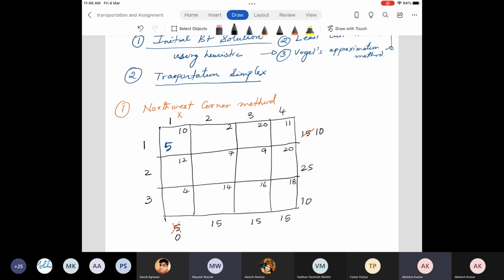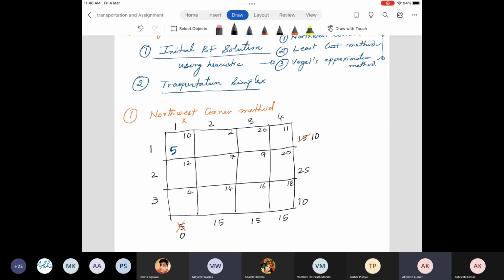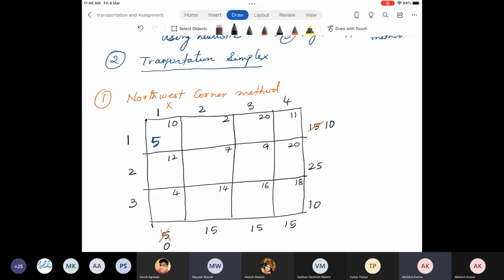No question, sir. Okay, so now, since I still have 10 units left in supply source 1, I will move in this direction. I will put an arrow here. Now how much can I supply from warehouse 1 to market 2? What is the demand? 15. What is the supply? 10.